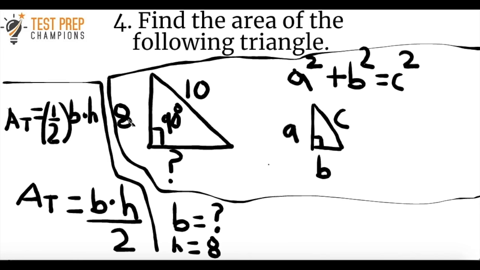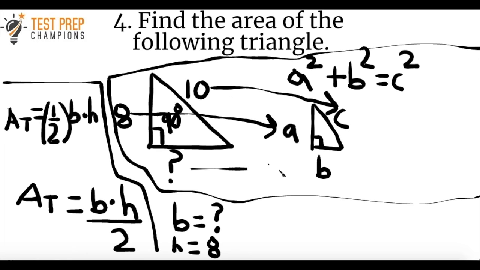So we see that we've got side 8 and side 10, but we don't know what this side is down here. This side 8 is our A, this 10 right here is our side C, and the unknown side here is our side B. We can plug this 8 into our formula for A, and the 10 into the formula for C, do some calculations, and find out what B is.